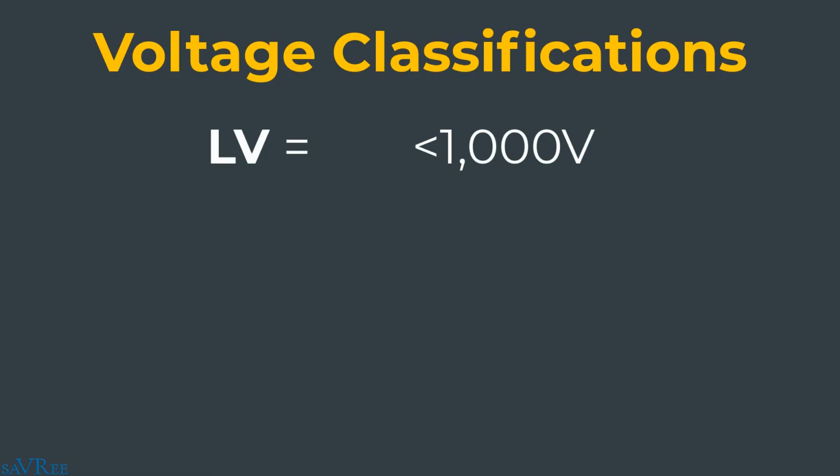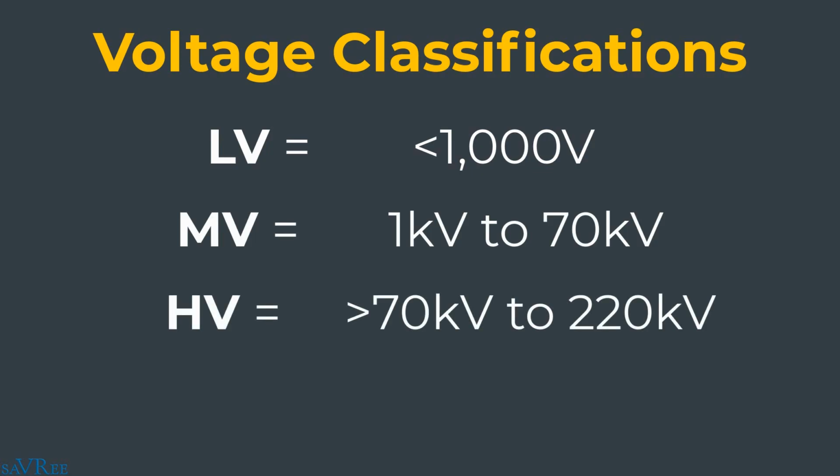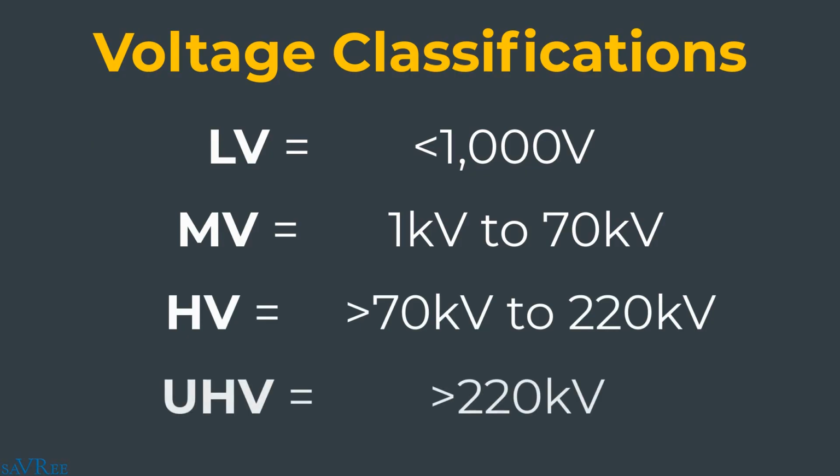Medium voltage will be in the range of 1000 to 70,000 volts. High voltage will be 70,000 up to maybe 220,000, and anything above that will be classified as extra high or ultra high. Keep in mind though that extra high and ultra high may not exist, all of that may just be referred to as high voltage.